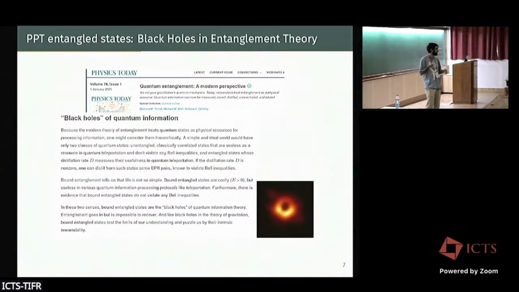The PPT entangled states, you need entanglement to prepare those states, but you cannot distill any entanglement out of those states using LOCC operations, the local operations and classical communication. But you cannot prepare those states without using entanglement. You need to put in some entanglement, but you cannot get any out. So this is why they are also very interesting to study.